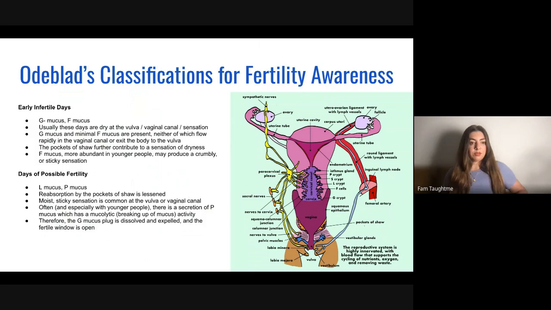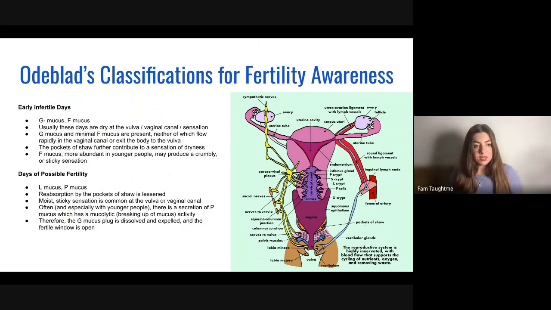So, a bit about Odeblad's classifications for fertility awareness. He divided it by the early infertile days versus the days of possible fertility. In the early infertile days, you'll see G minus mucus and F mucus, and these days are usually dry at the vulva for the person experiencing the menstrual cycle.